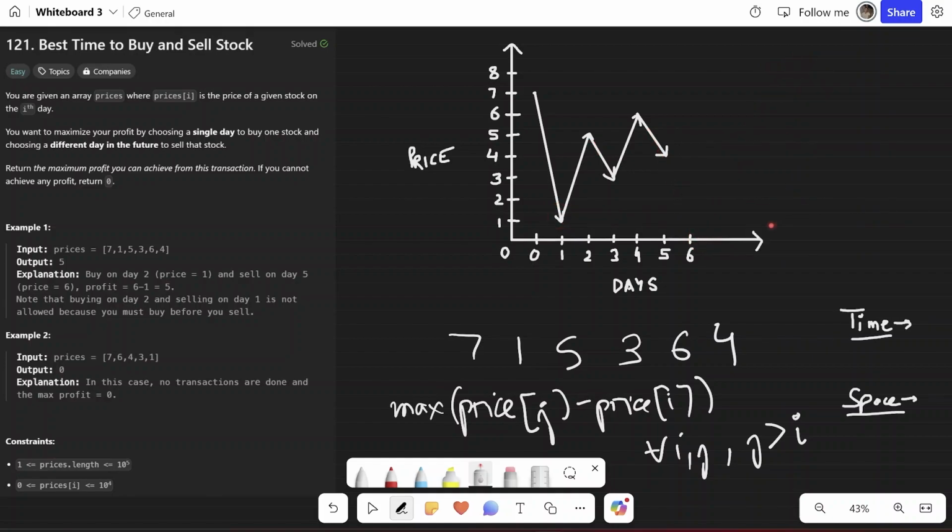So what we can do for that is maintain two variables, min price and max profit.